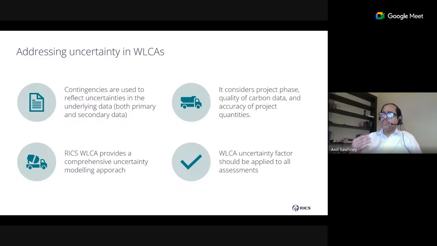But if you don't want to do that at the individual product or material level, the RICS WLC standard provides a method by which you can address uncertainty in your underlying data. It allows you to provide contingencies to reflect uncertainties in the underlying data.